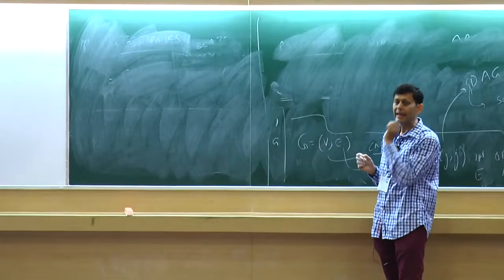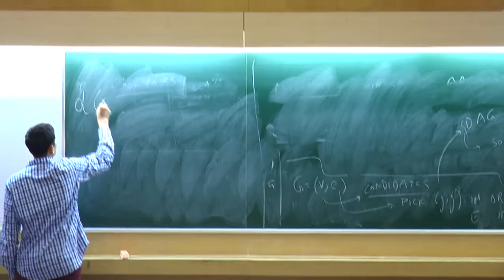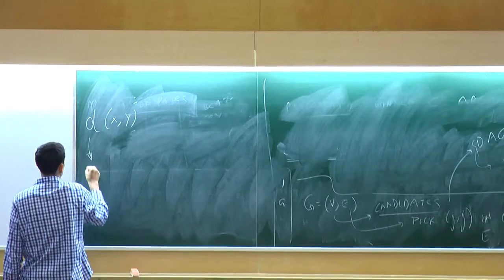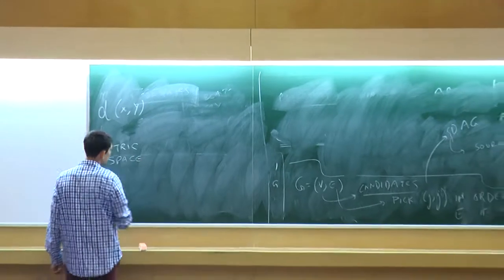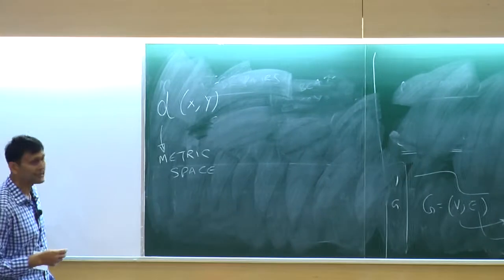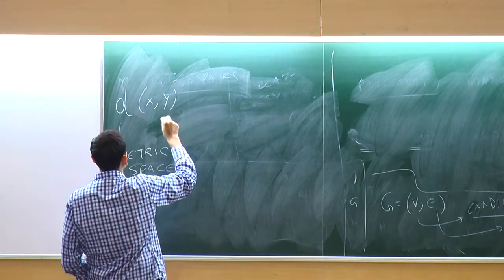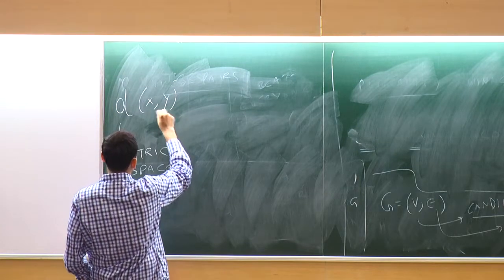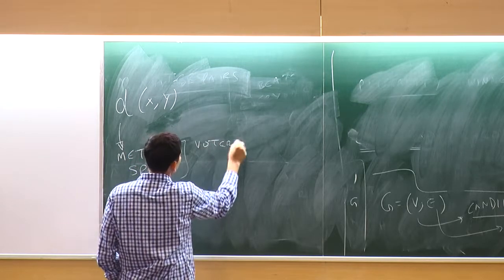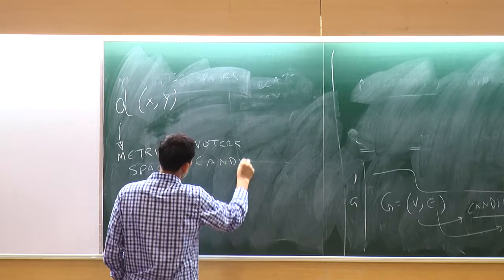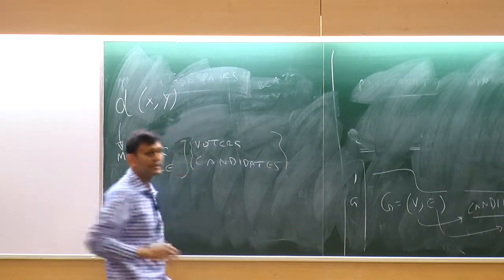We are making an additional assumption that there exists a metric space with distance D(x, y), and both voters and candidates are in this metric space.